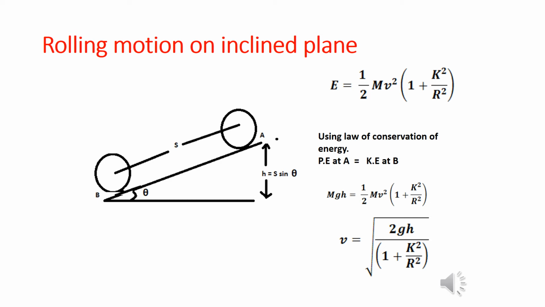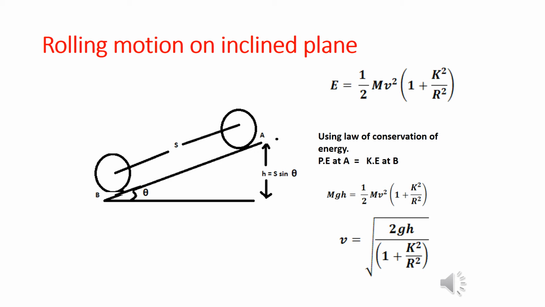The linear displacement of the body is given by S. The height of the inclined plane is h and the plane is inclined at an angle theta. Taking into consideration the total energy associated with the rolling motion is equal to half mv square (1 plus k square by r square).